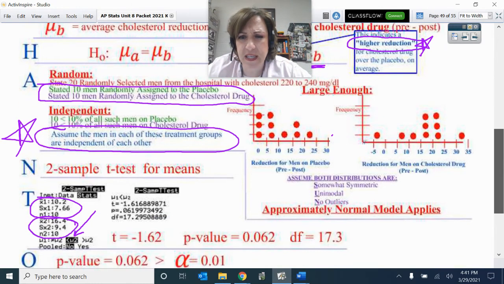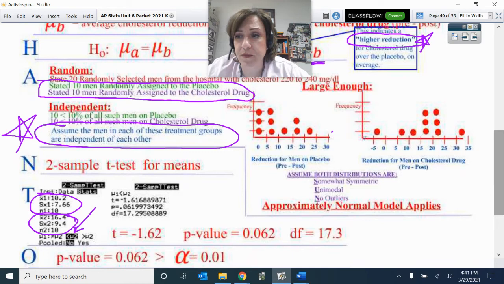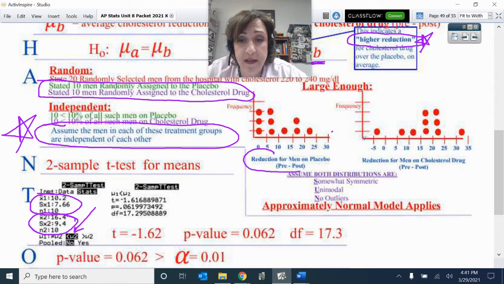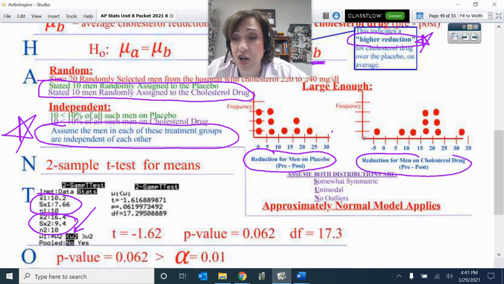All right, so then here we have: is this large enough? They were not. Since it's two independent means, we had to do two separate pictures. Notice how I labeled these: reduction for the men on placebo and reduction for the men on the cholesterol drug.